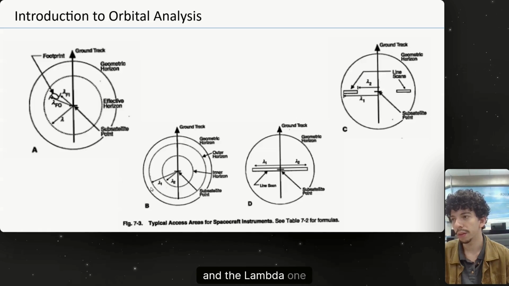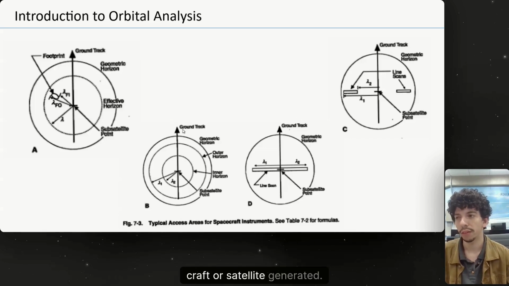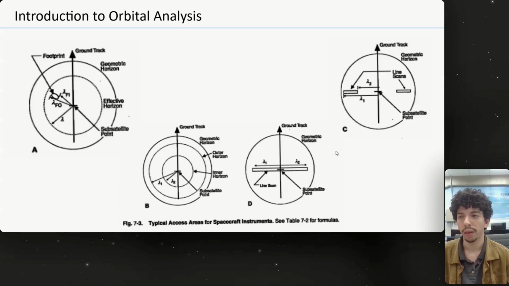Perfect. In topic B, we have a different Doppler, and lambda 1 is different from lambda 2, okay? And the difference is a Doppler shift. Perfect. In this line, we have a trajectory for the craft or satellite, okay?